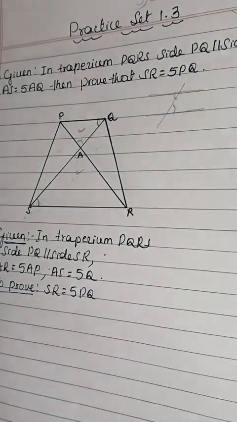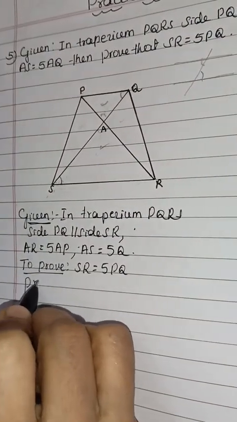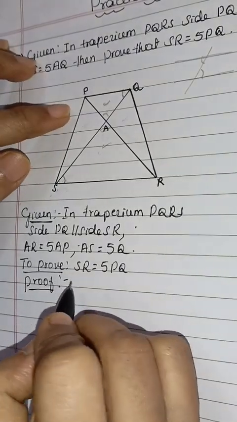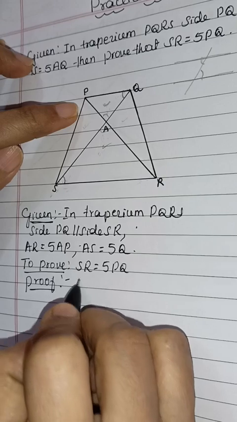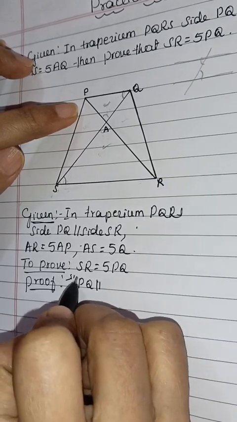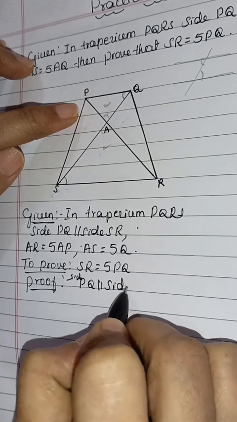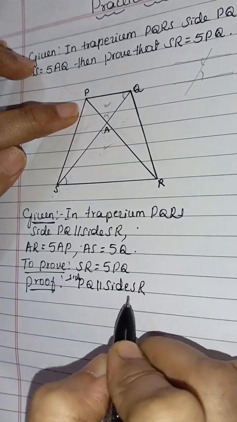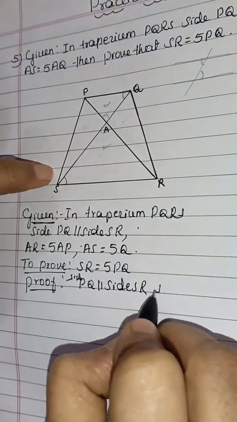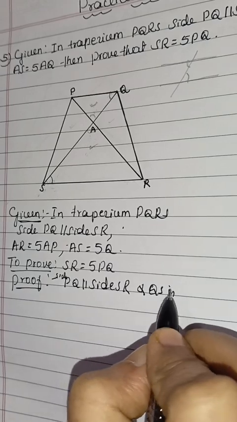Now we'll write the proof. Side PQ is parallel to side SR, and QS is a transversal.